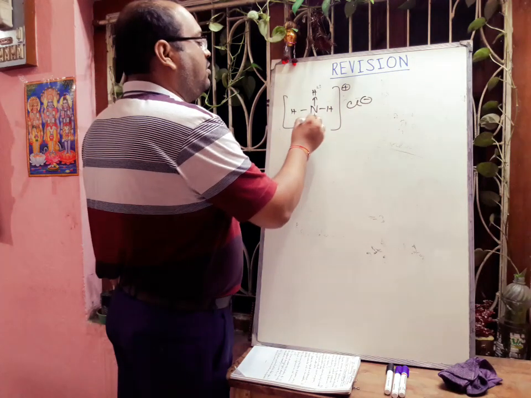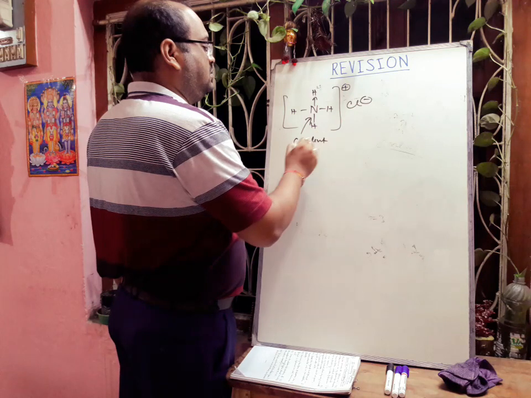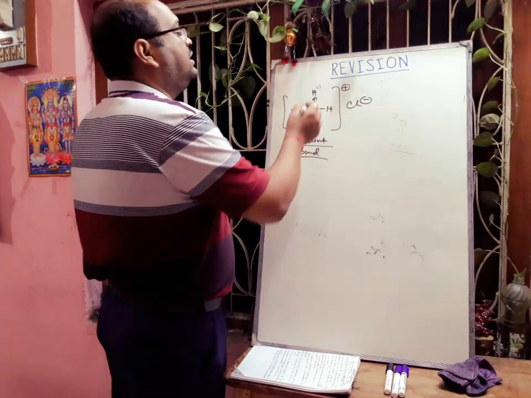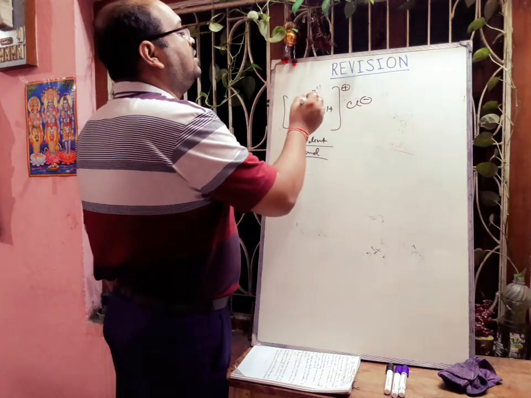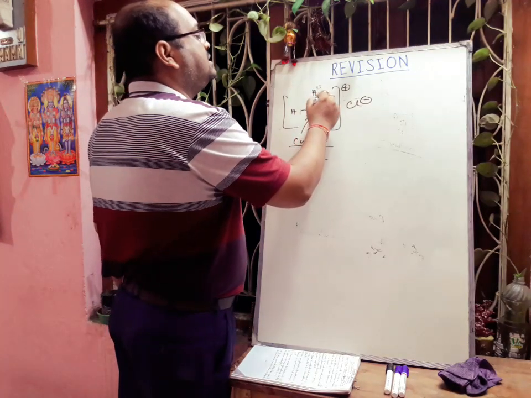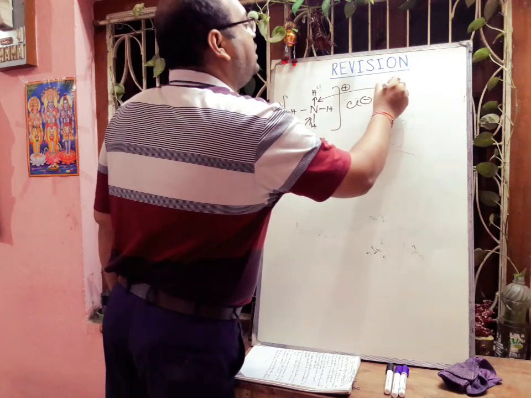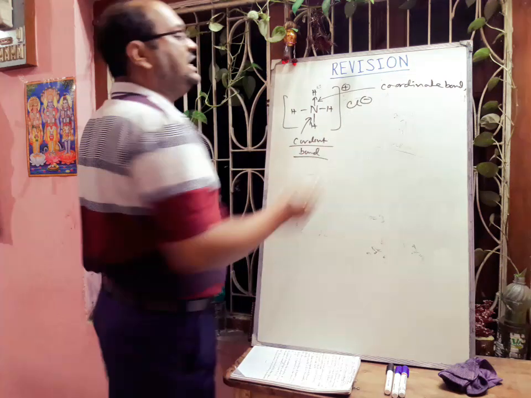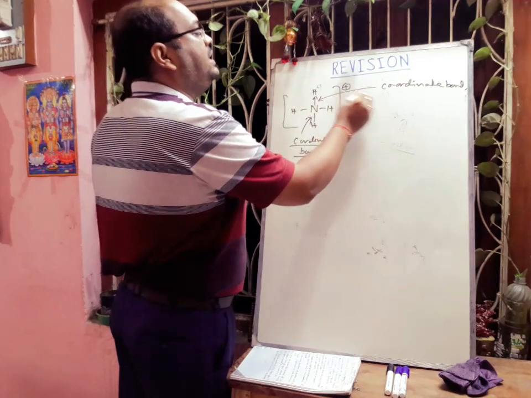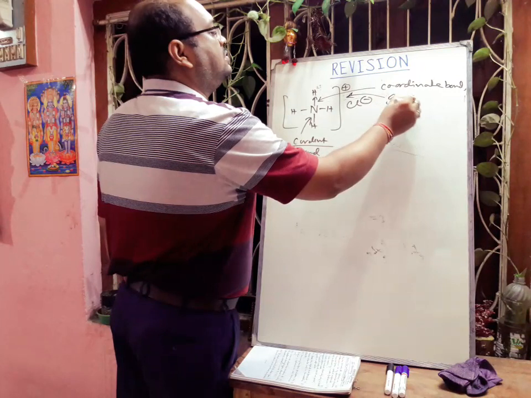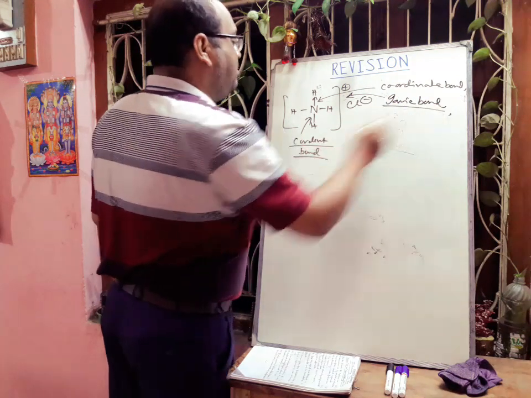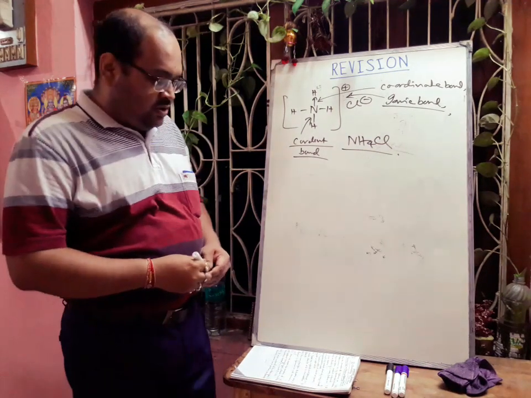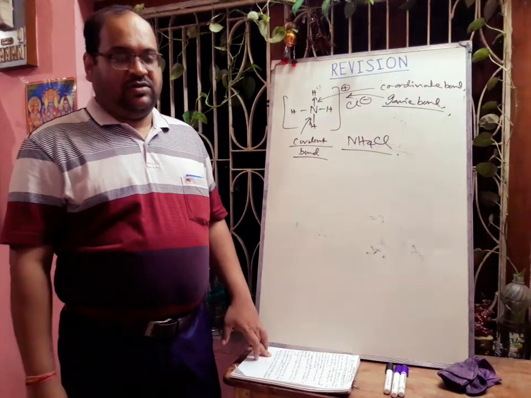This one is a covalent bond, formed in ammonia by sharing of electrons. Then the donation of electrons from nitrogen to H plus, this bond is called a coordinate bond. And outside the bracket there is plus and minus, which is definitely an ionic bond. So ammonium chloride is the salt, or compound, which contains all 3 types of bond.